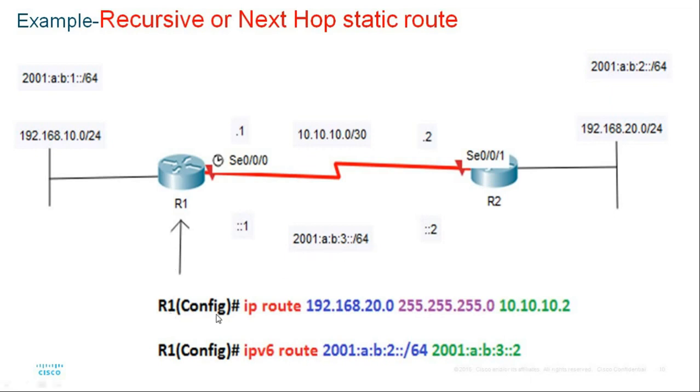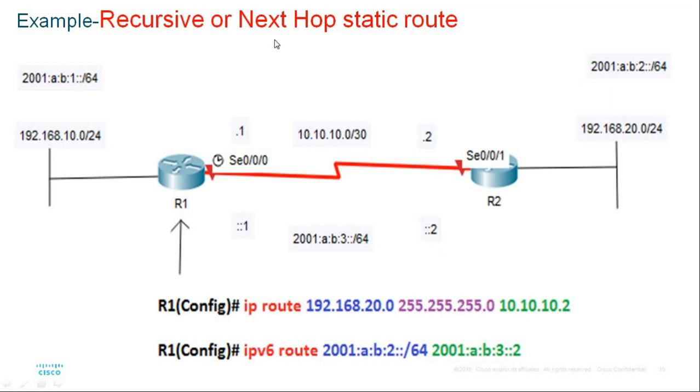In R1, we go to global configuration mode and type ip route, that is the syntax, followed by the remote network 192.168.20.0 and the subnet mask 255.255.255.0, followed by the next hop. In the 10.10.10.0/30 network, only two IP addresses are possible: the first IP I assigned to this interface, the second IP to the other interface.